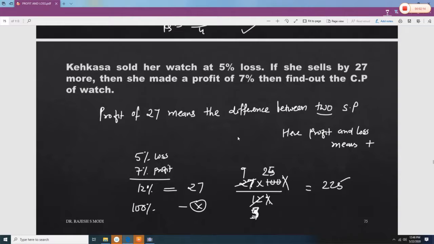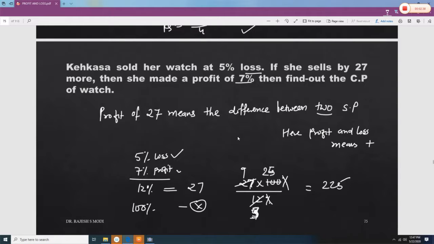Kehkasa sold her watch at 5% loss. If she sells it for 27 more, then she made a profit of 7%. So the profit of 27 means the difference between the two SP, because first she sells and then again she sells, and in that entire transaction she is going to make 7% profit.